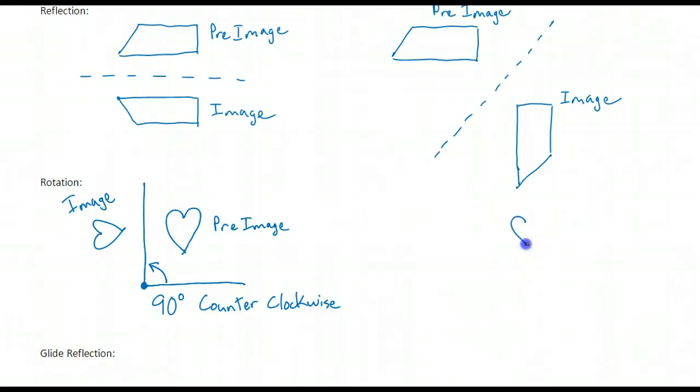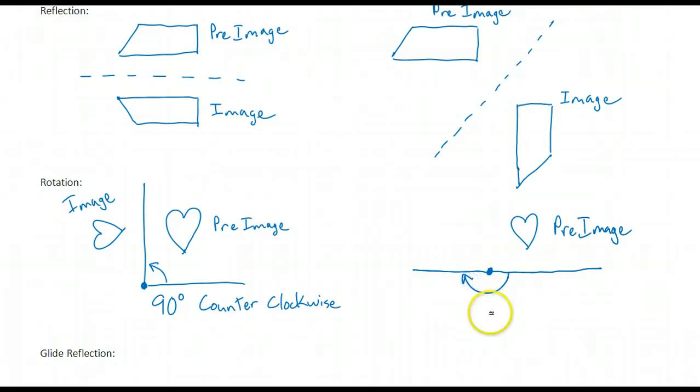If I take that same pre-image and pick a point of rotation, and then this time rotate it 180 degrees clockwise, I end up with a heart that is upside down right here.